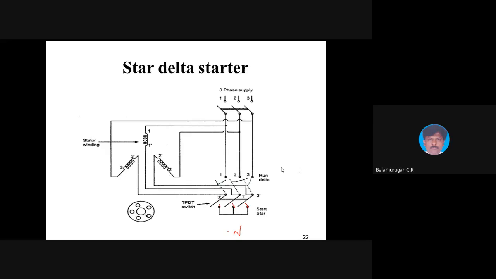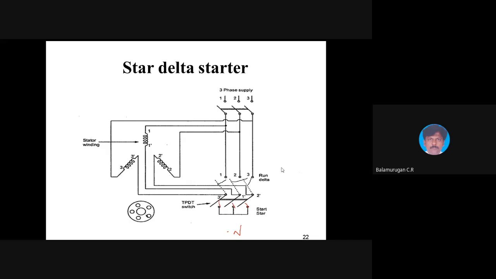In the star-delta starter there will be no such x ratio. We'll have starting torque to full load torque equal to short circuit current to full load current into slip. So in the case of stator resistance starter, we'll have that x squared. Auto transformer starter and stator resistance starter will have more or less the same expression.